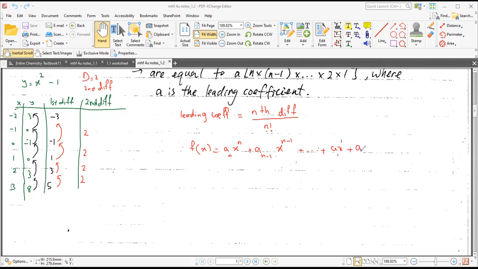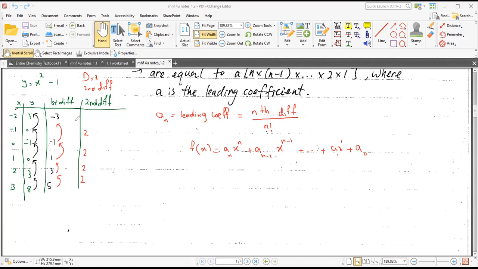So this is the constant. Here the leading coefficient is a_n. When the degree is n, my nth difference is going to be constant, and the factorial is of the degree here.